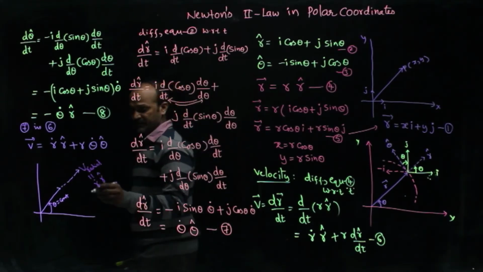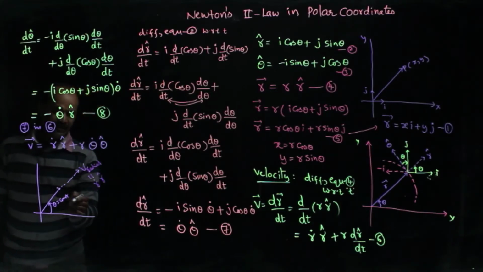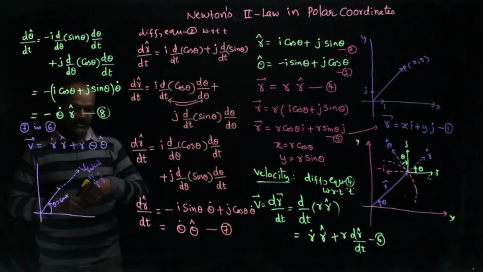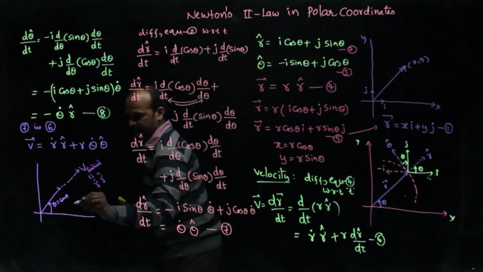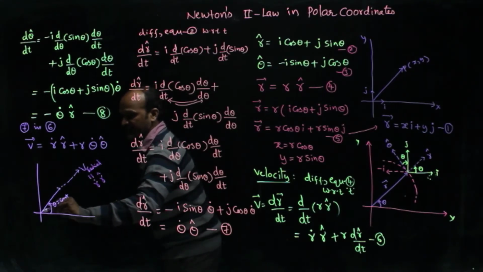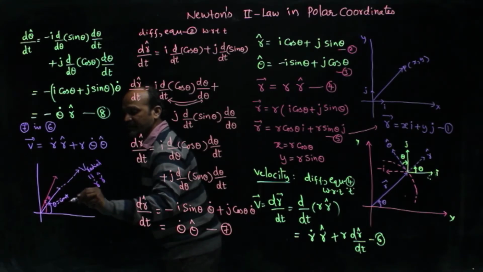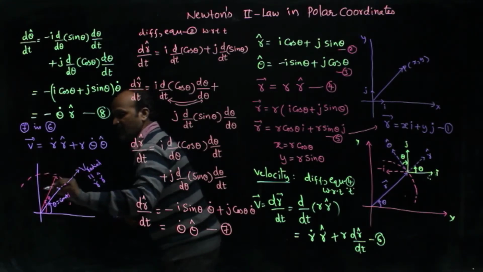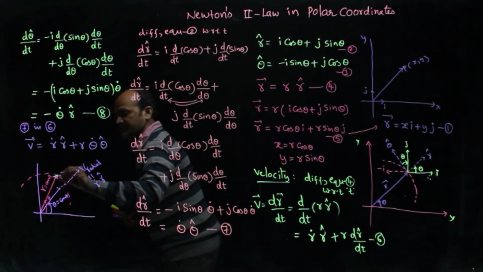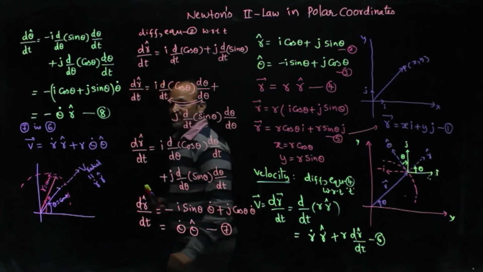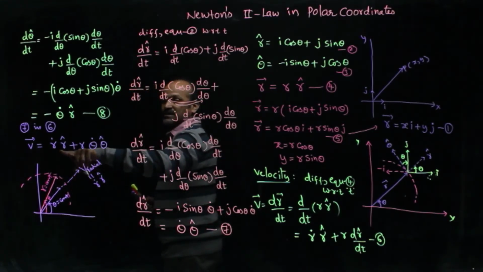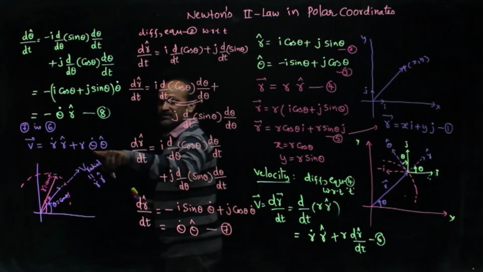Now if theta is varying, say, let me take one more here. This is another theta, it is varying, but r is constant. When r is constant, this term becomes 0 and only this term will be there.